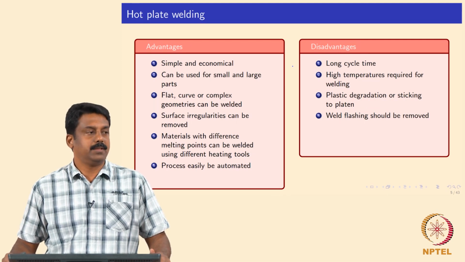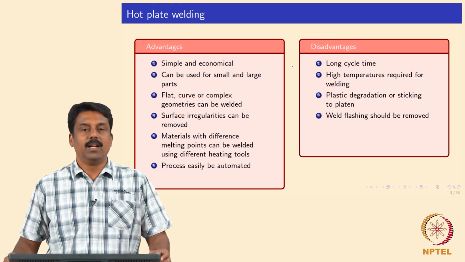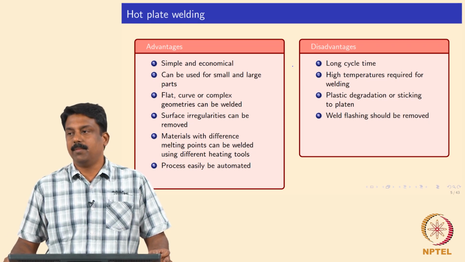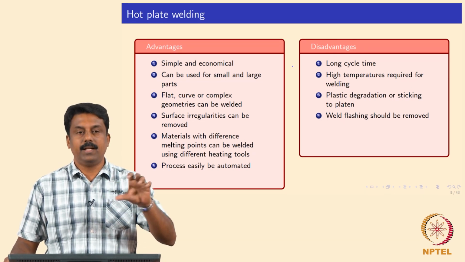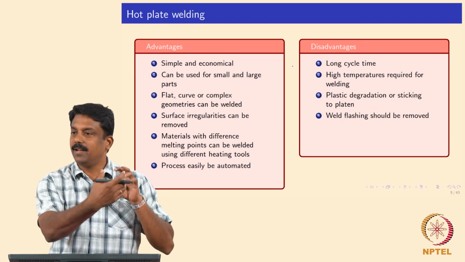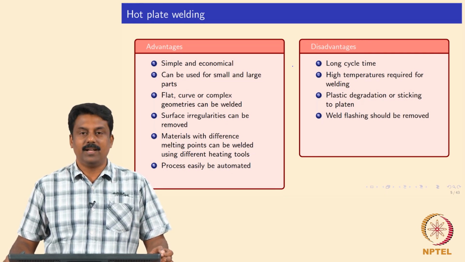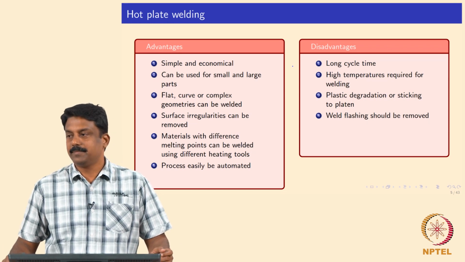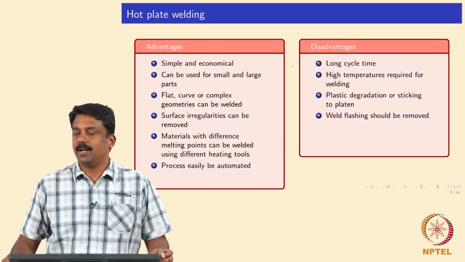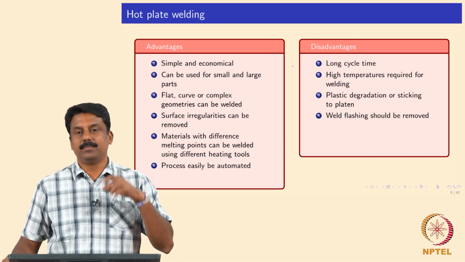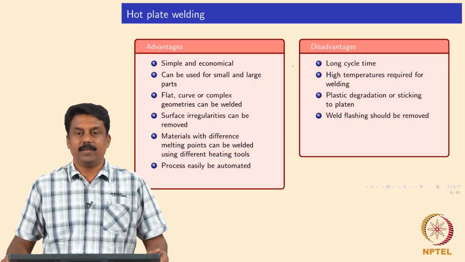You can also automate the process easily, and these processes are very commonly automated. In automotive components, for example an indicator lamp, you have an orange top and a white bottom, and those two are joined by hot plate welding. And how many of you use shavers? The plastic mount in shavers is also hot plate welded.